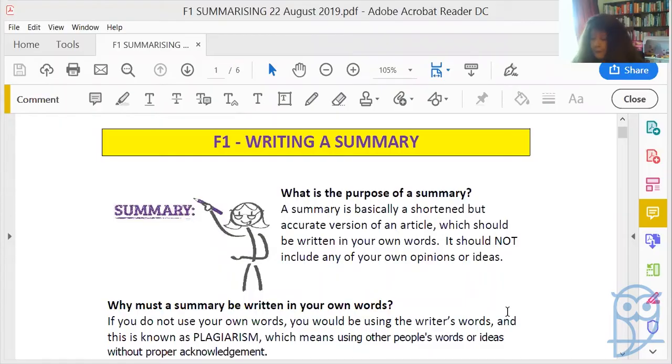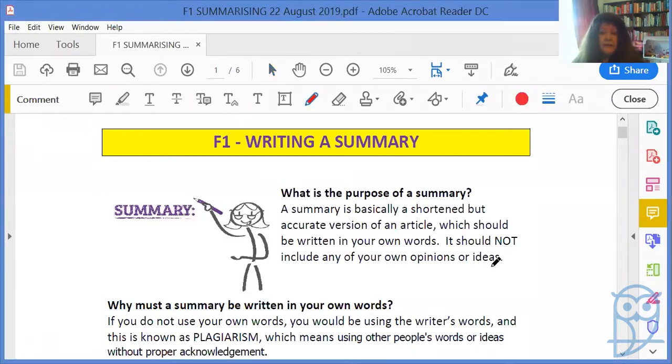Okay, right, let's take a look at the document that's going to tell us about writing a summary. And pay attention, what is the purpose of a summary? What is it? Why do you have to do it? What's it all about? A summary is basically a shortened but accurate version of an article or text which should be written in your own words.